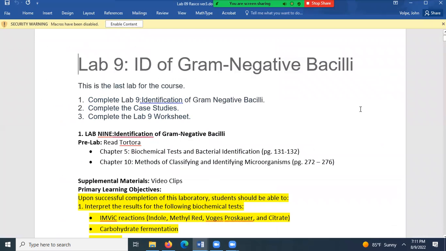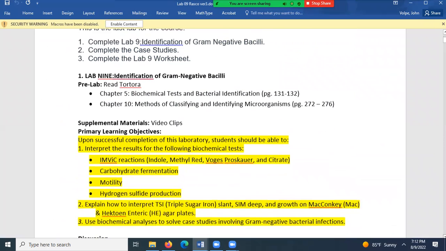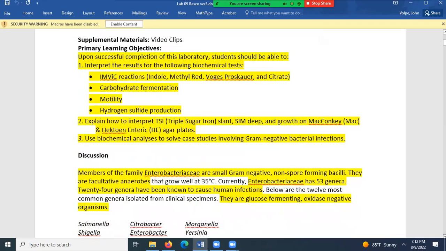Lab 9, identification of gram-negative bacilli. There are some reading, not too much, on page 131, 132, page 272 to 276, that should be done before you begin this lab. We have some video clips in this lab.